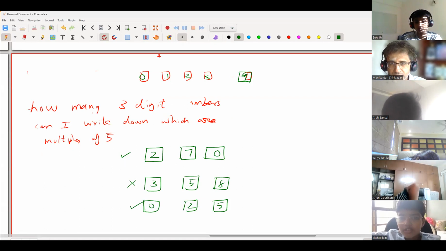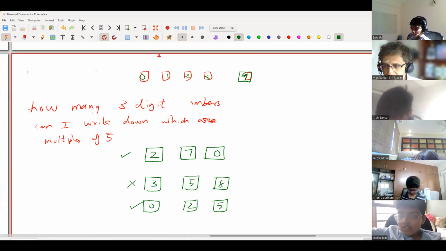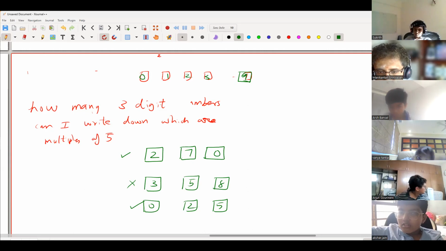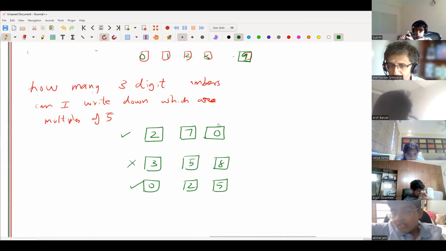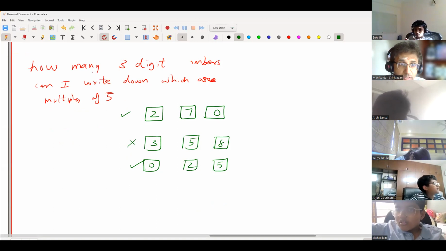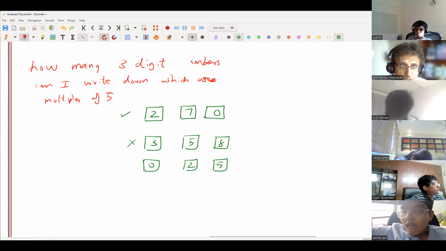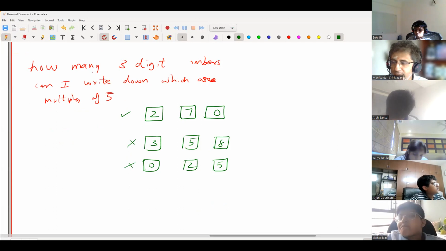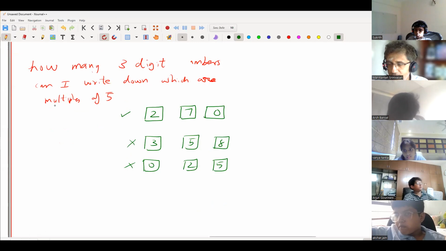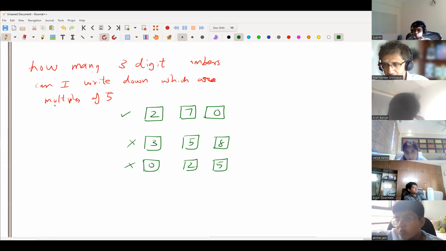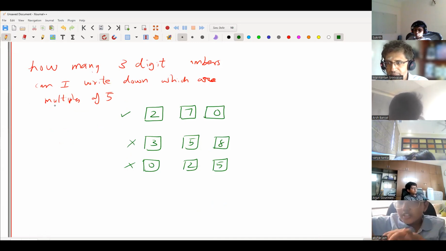Can the numbers be repeated? I already answered. Look at the few examples. Numbers cannot be repeated. They're all individual. So this also I should mark as wrong. Think of them as your coin pieces, and you're laying out 3 coins and making a 3-digit number like this. Can the starting be 0?